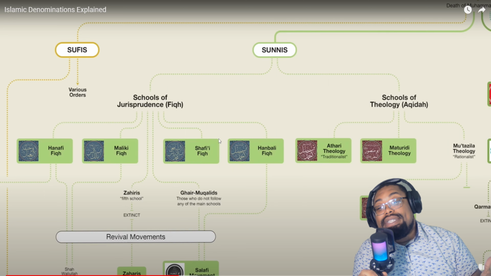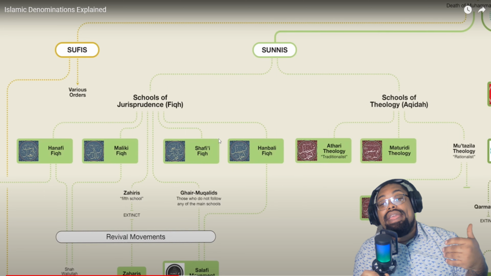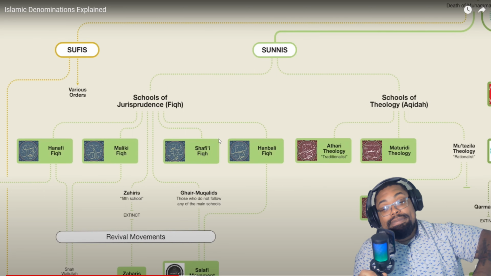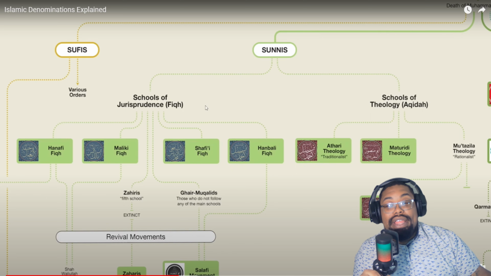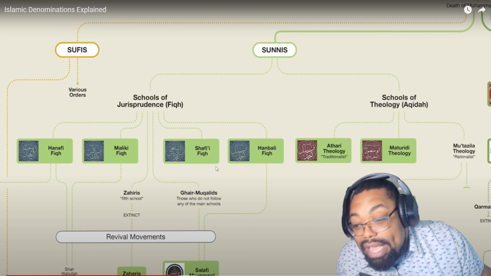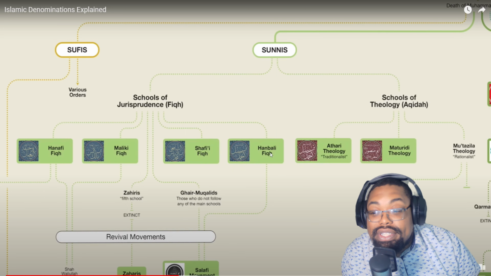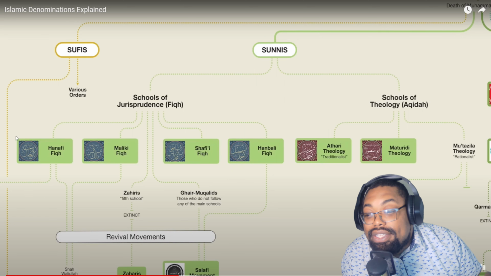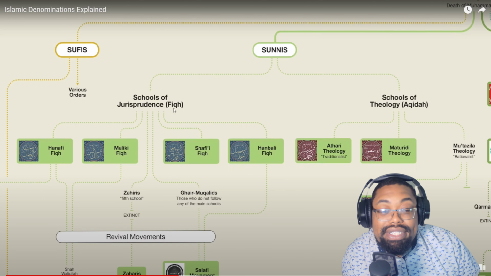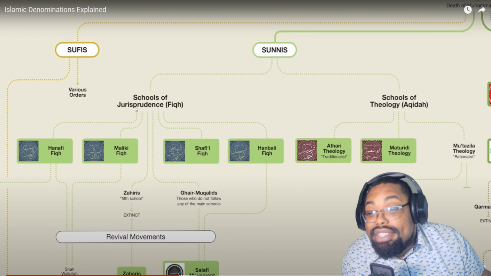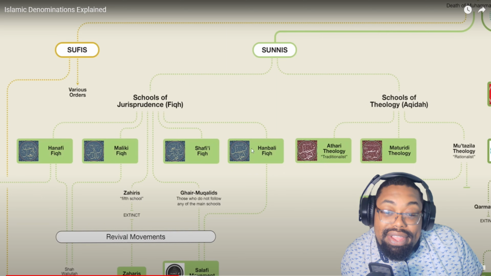So it's almost like I'm going to have to do a group judgment on these based off of the schools because they all seem to have slightly different versions of the same one. So I would say for these four under the schools of Fahid, I'll just say that because that sounds jurisprudence. Okay.